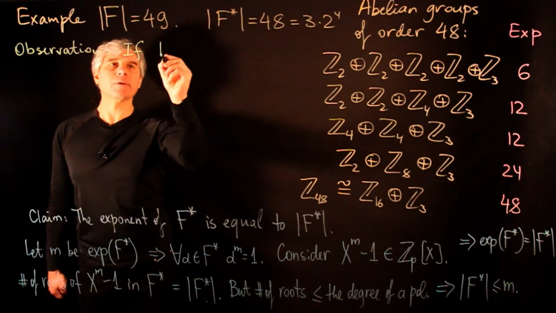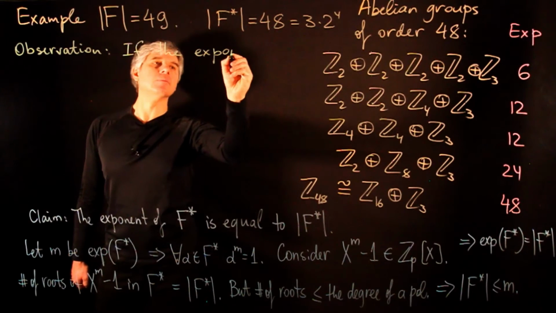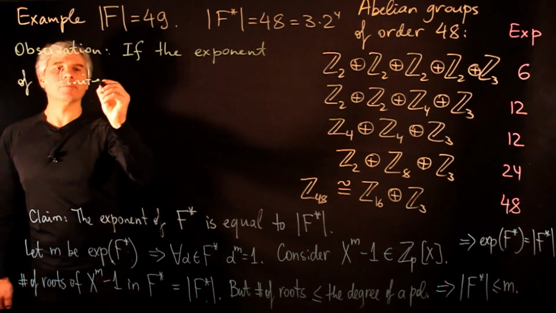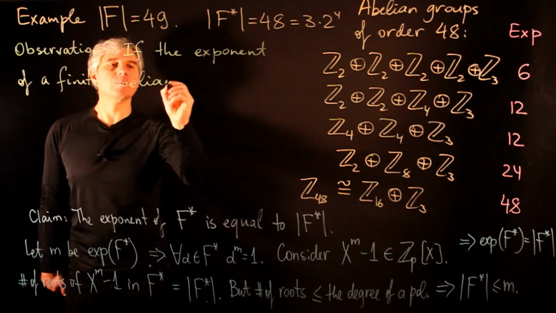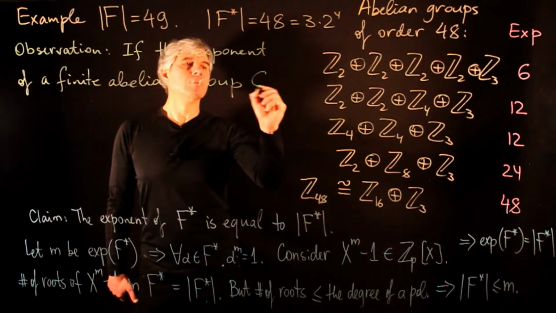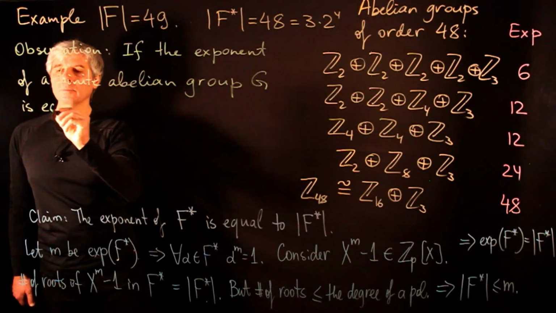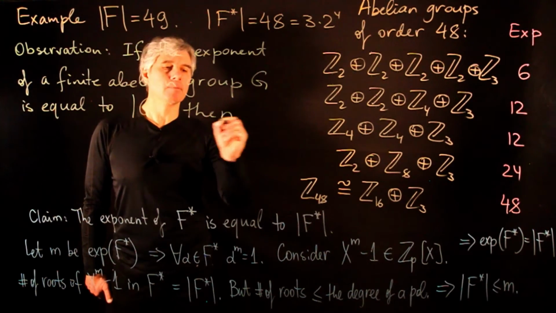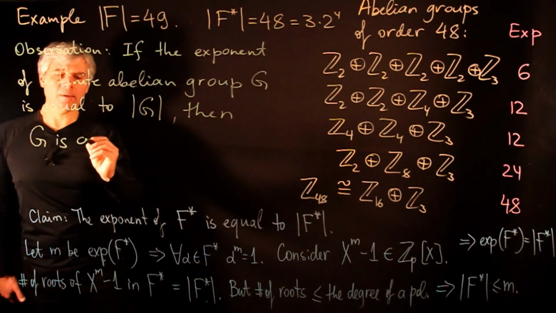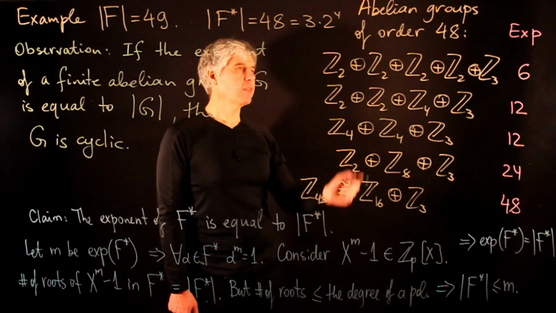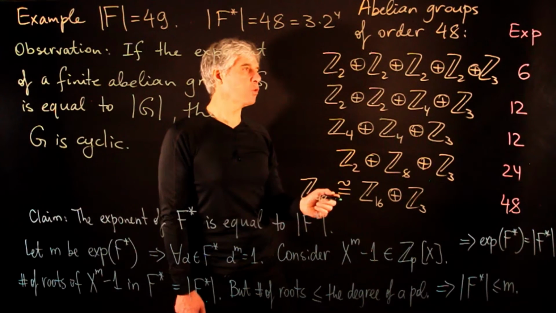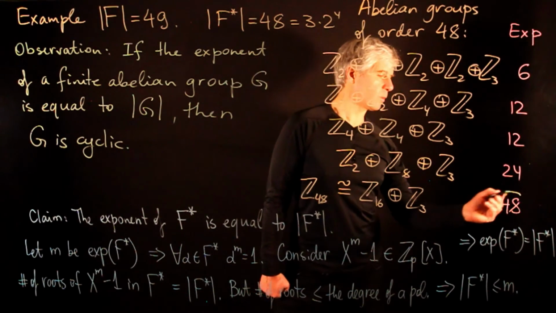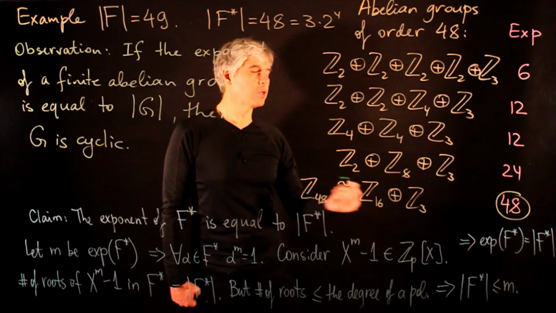If the exponent of a finite abelian group G is equal to its order, then G is cyclic. In this example, we see that among abelian groups of order 48, the only group whose exponent is equal to the order, which is 48, is the last group, which is cyclic.